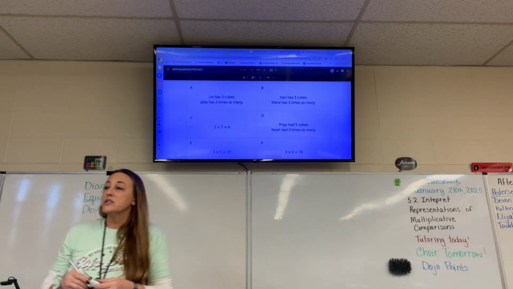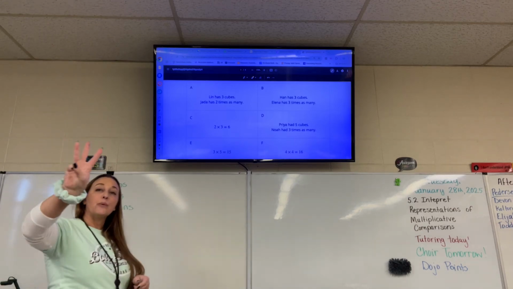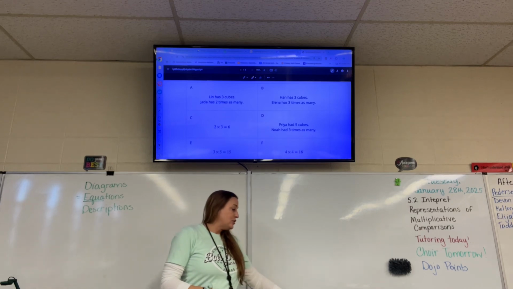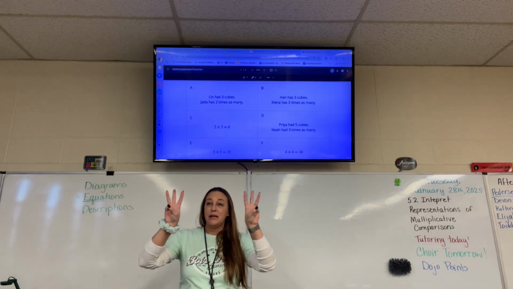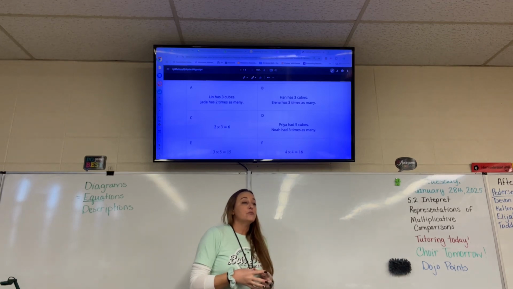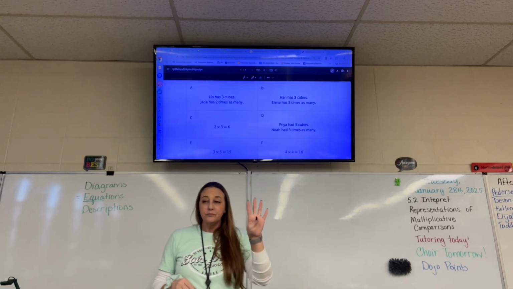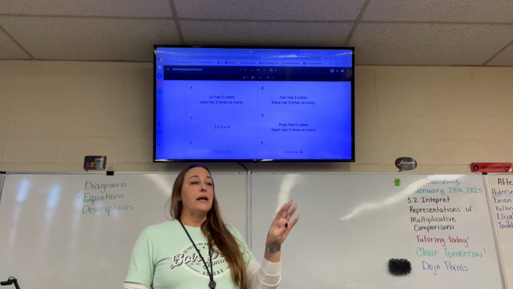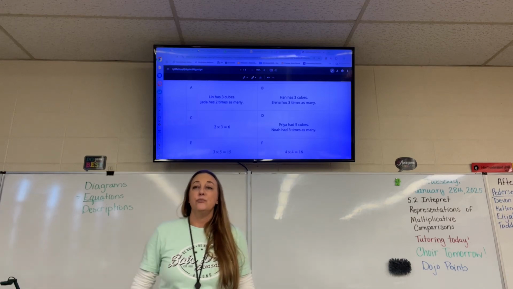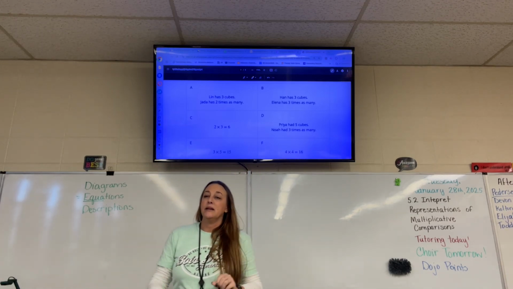Okay, the first description says, Lynn has 3 cubes. Jada has 2 times as many as Lynn. So I want you to look through those diagrams at the bottom. There's 4 of them. And try to find a diagram that would match with Lynn having 3 cubes and Jada having 2 times as many.